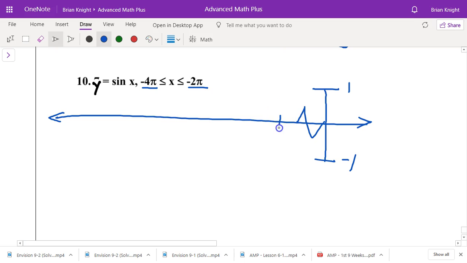I'm going to start at -2 pi. And I'm going to end at what? -4 pi. And I break that into 4 equal parts. Okay? What's halfway between -2 pi and -4 pi? -3 pi. Okay? I almost put over 2, but it's not over anything.